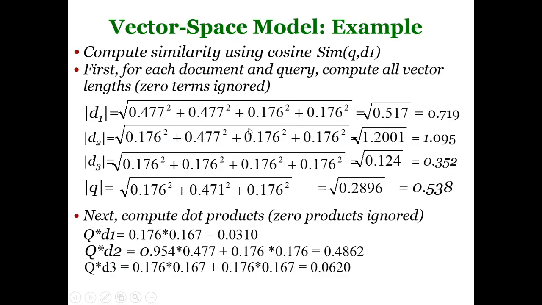For the document also the same thing. Then you have to calculate the query multiplied by D1 as a dot product, the summation of every term in the query multiplied with every term in document 1.